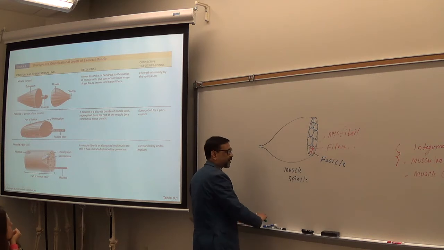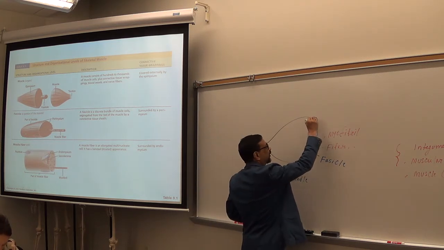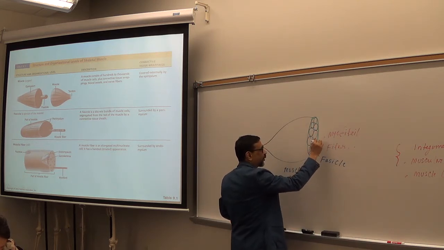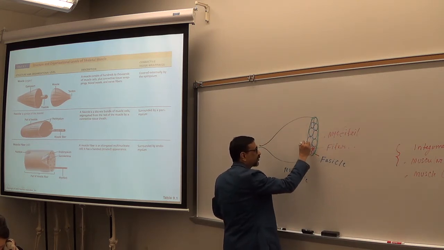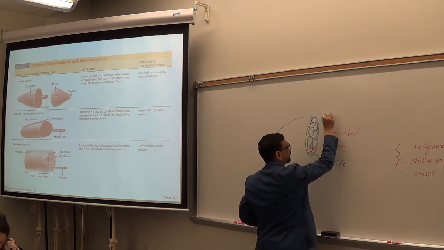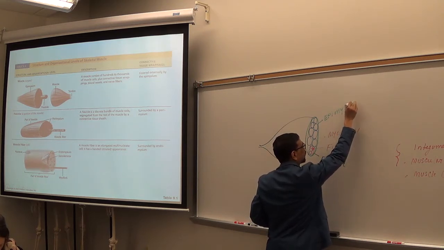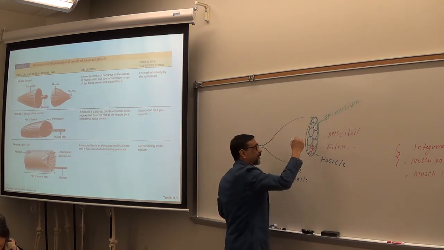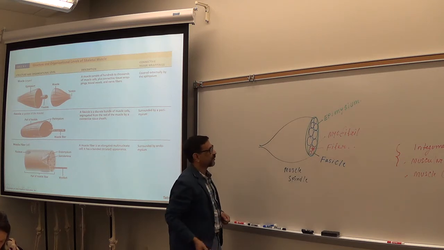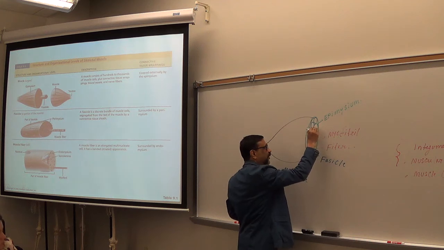Now we'll see the coverings. The whole muscle is covered by a connective tissue membrane, and that is called epimysium. Epimysium covers the whole muscle. Then each fascicle also has a covering.